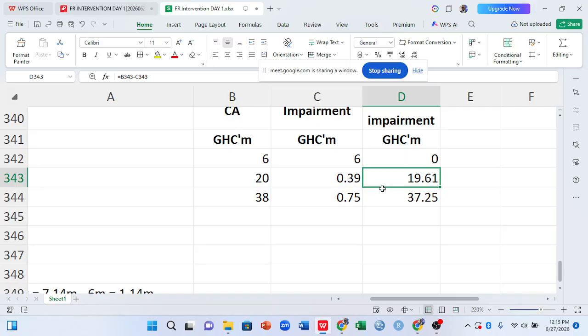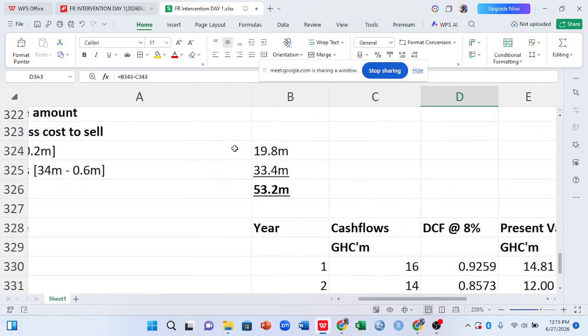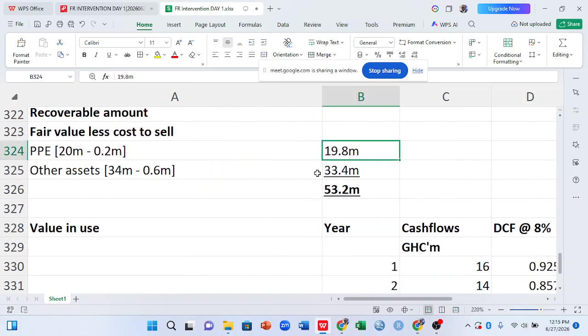You are supposed to reverse it back to the fair value less cost. The standard tells you it shouldn't be lesser than the highest of your fair value less cost to sell and the value in use for each asset. I'm talking about each asset, not combined. So 19.8 million is the value they give us for only the PPE.